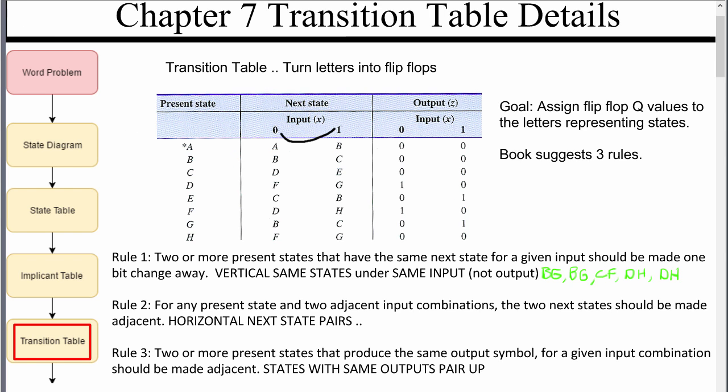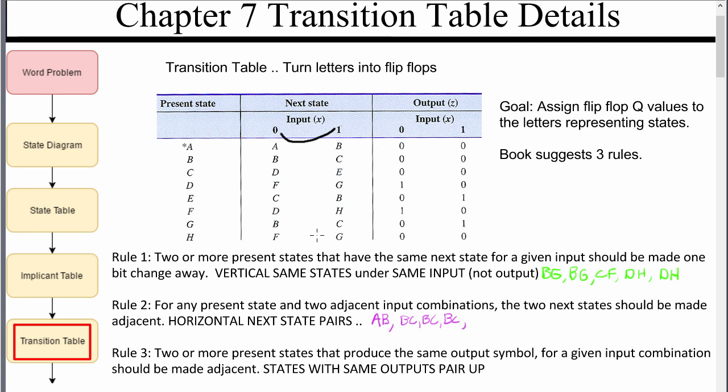Let's change pen colors here. So how many times do we have AB? Just AB is once. How many times do we have BC? 1, 2, 3. So we have BC, BC, BC. How many times do we have DE?